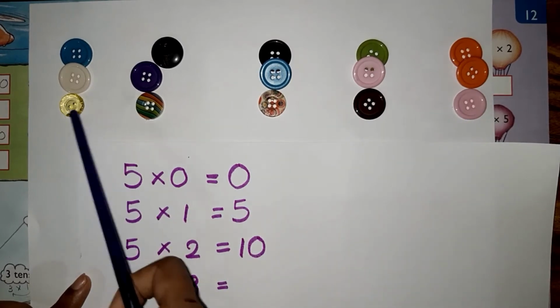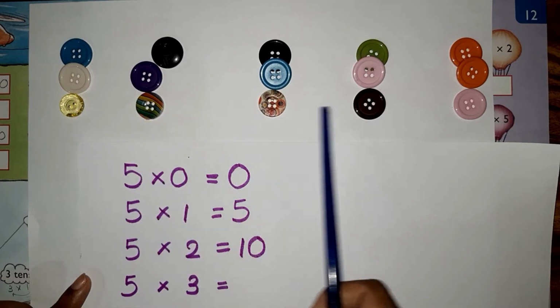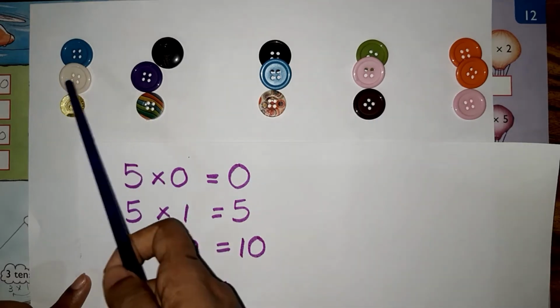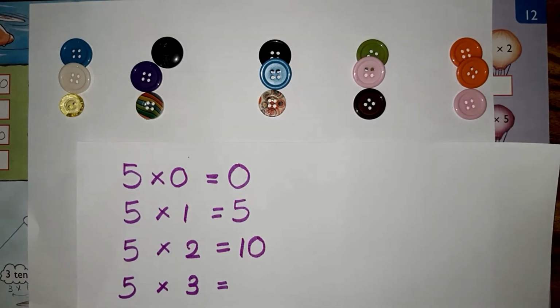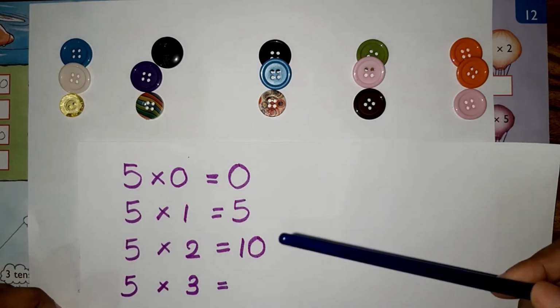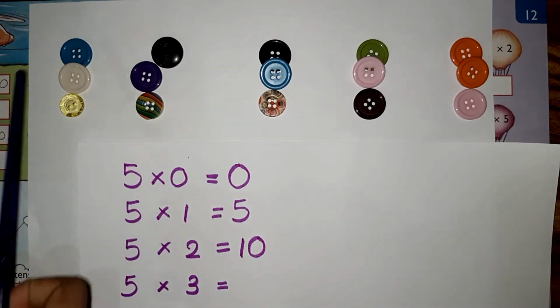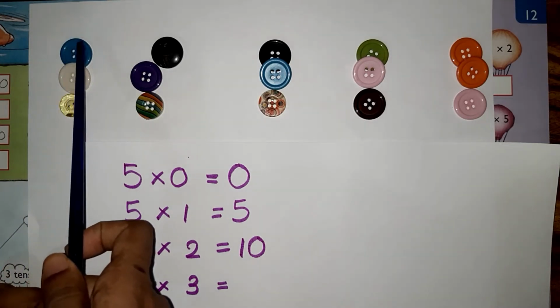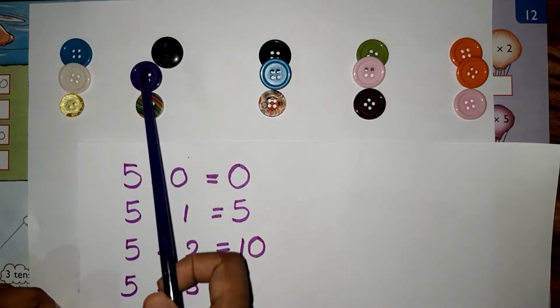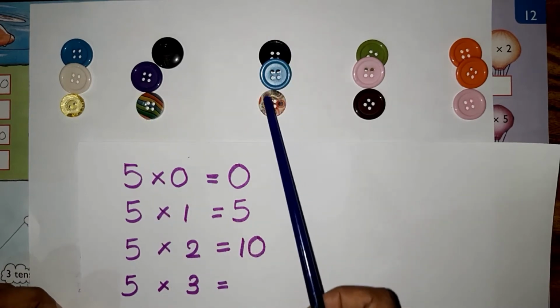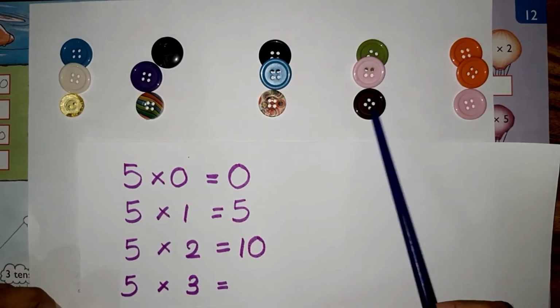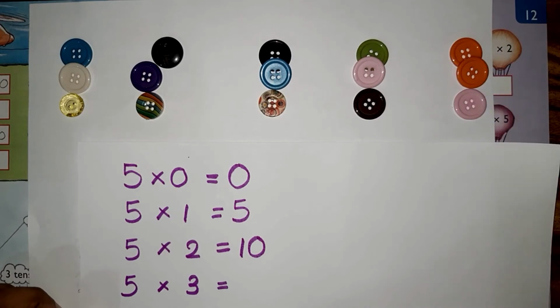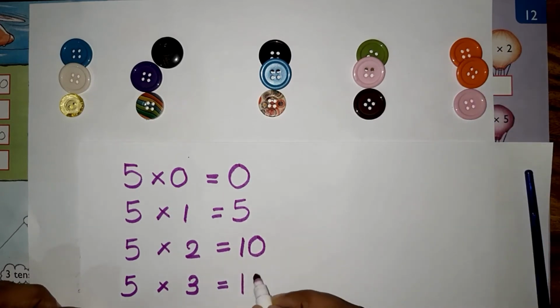Now I have added 5 objects. Previously also I added 5 objects. So you can see I'm adding 5 by 5. Okay, now we have 3 in a set. So altogether let's count 1, 2, 3, 4, 5, 6, 7, 8, 9, 10, 11, 12, 13, 14, 15. So 5 times 3 is 15.